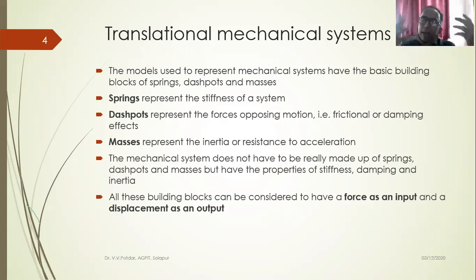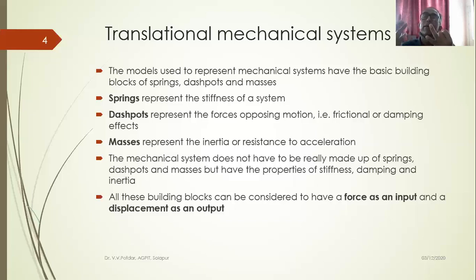Secondly, every translational mechanical system will have stiffness property or spring-like property. So I can model a translational mechanical system by using masses, by showing a representative mass, and by showing a representative spring. Remember, mass corresponds to the inertia property of that translational mechanical system.